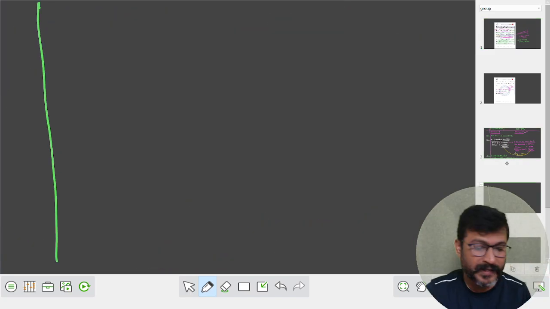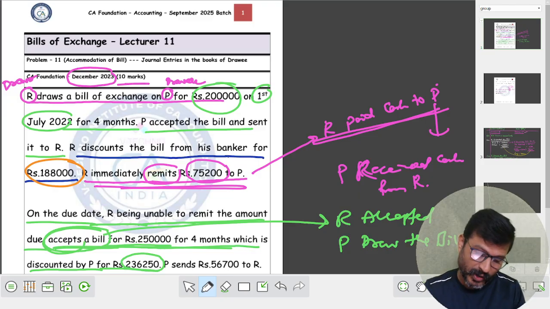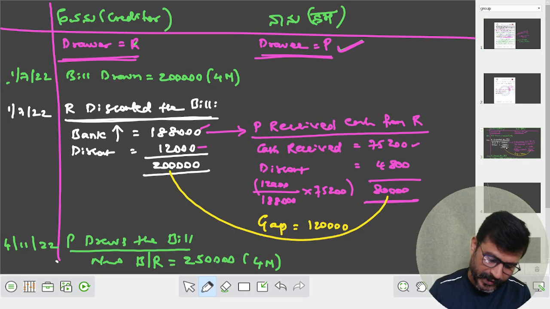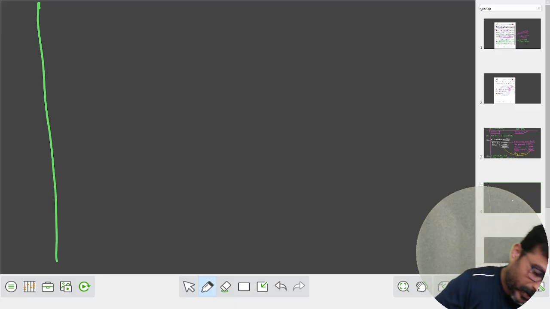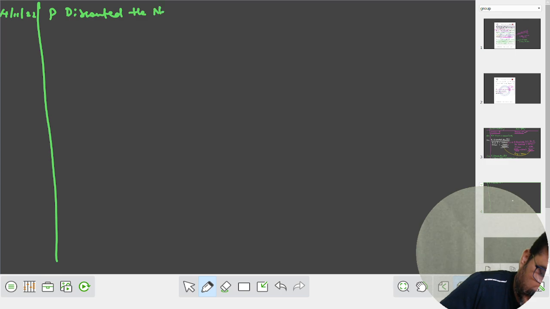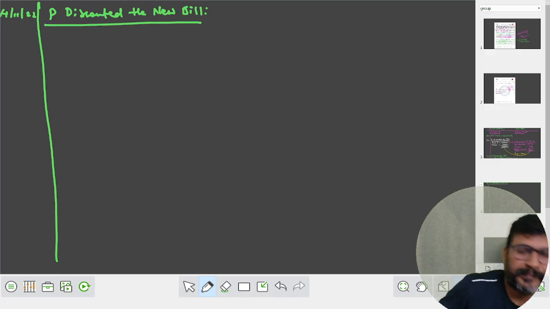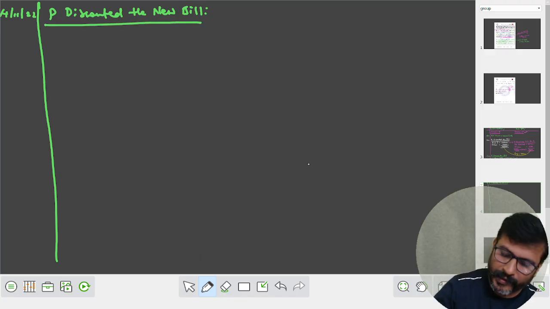On what date did P discount the bill? Whether the date is mentioned? No. On the same date we have to write. The same date is 4th November 22. Who discounted the bill? P discounted the new bill. What happened when P discounted the new bill?